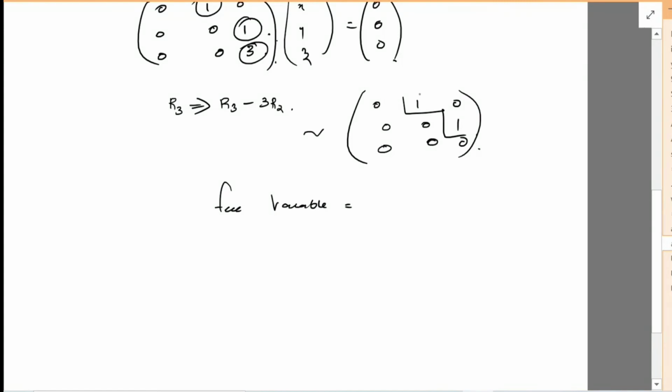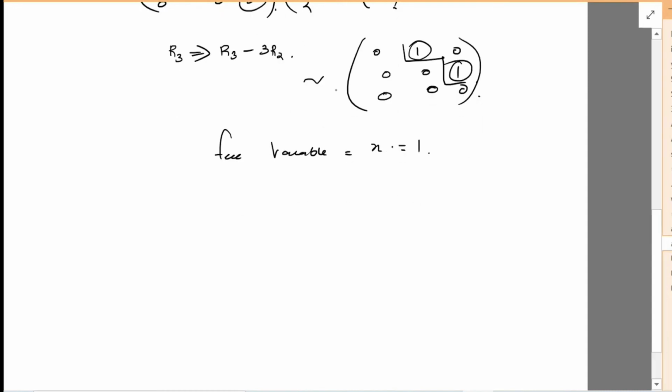What is actually a free variable? Look at the columns in which there is no leading coefficient. The first column doesn't have a leading coefficient. So the free variable is the variable which represents the first column, which is actually X, not Z. So here the free variable is X. We have to substitute an arbitrary value for X, so I'm giving X equal to 1. From the second row, R2, what is the corresponding equation?